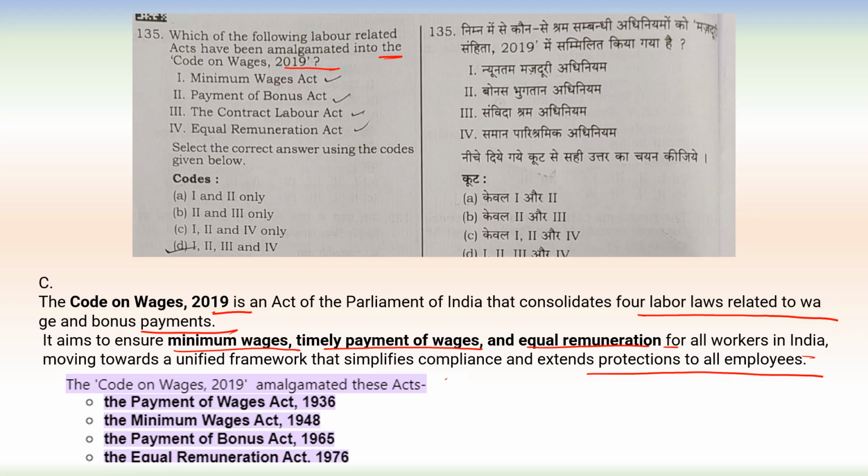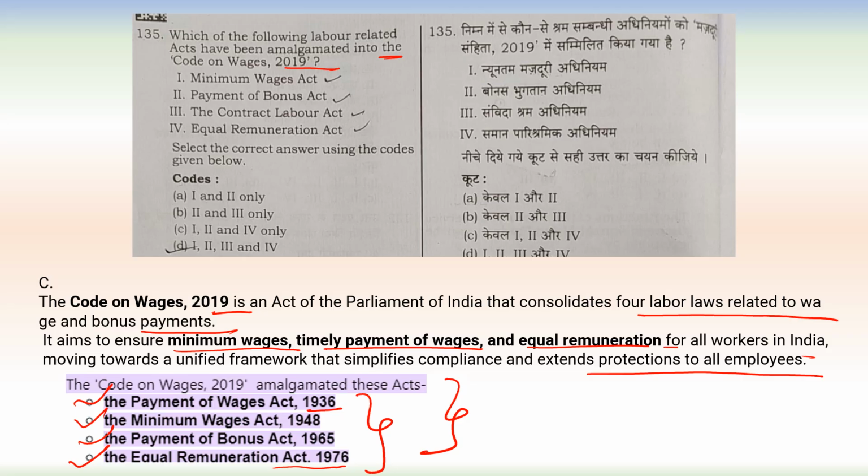So what are the four labor acts amalgamated into the Code of Wages 2019? The Payment of Wages Act 1936, the Minimum Wages Act 1948, the Payment of Bonus Act 1965, and the Equal Remuneration Act 1976. They are all codified into the Code of Wages 2019.